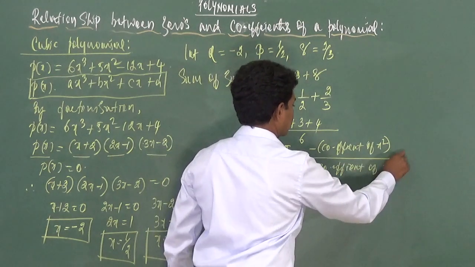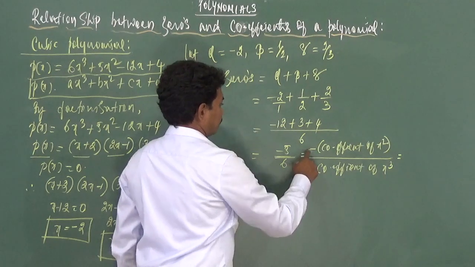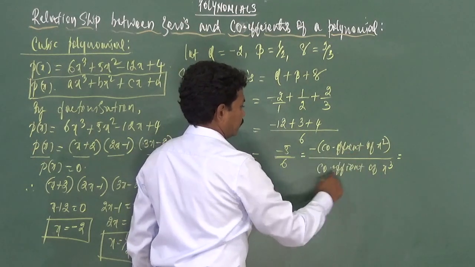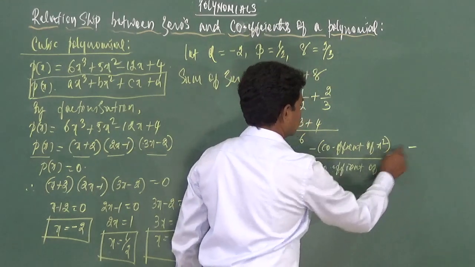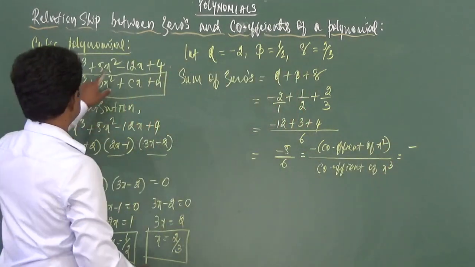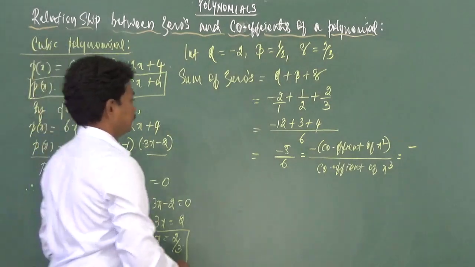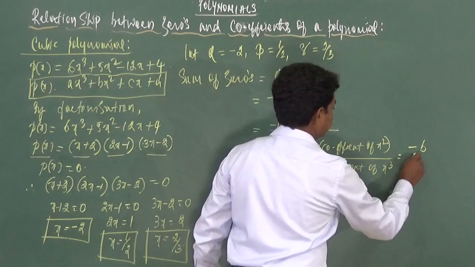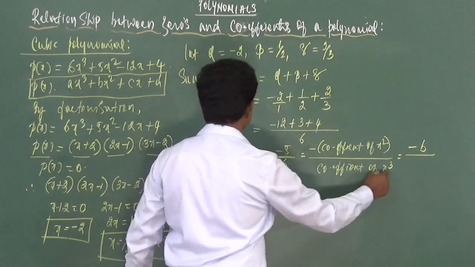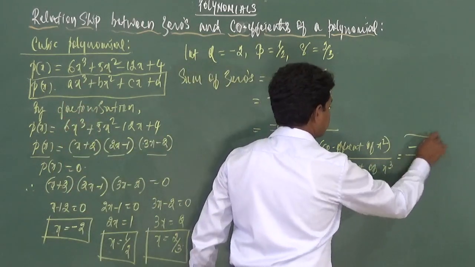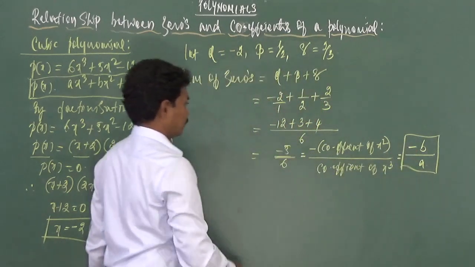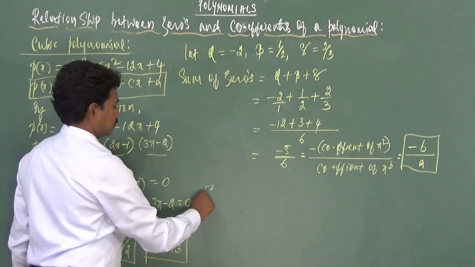So this can be written as minus of coefficient of x square by coefficient of x cube. So minus b by coefficient of x cube, coefficient of x cube here is a, so that is minus b by a.